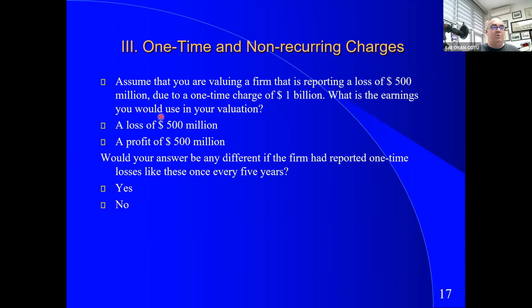What is the earnings you would use in your valuation? Would you use the loss, the actual loss of 500 million, or actually a profit of 500 million, which is what the company would have had if the event had not taken place? Well, if you really believe it was a one-time event and is not going to happen again, you should be using a profit of 500 million.